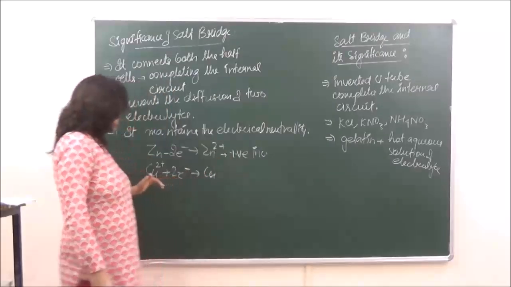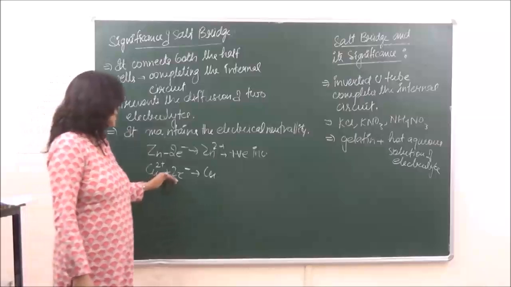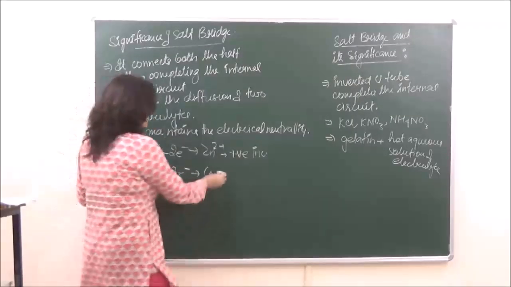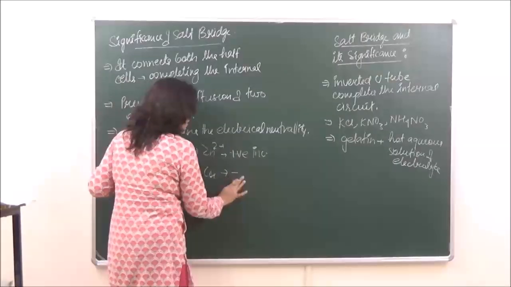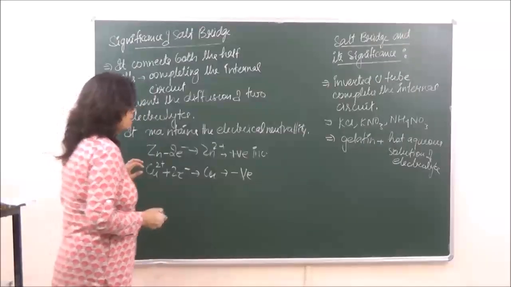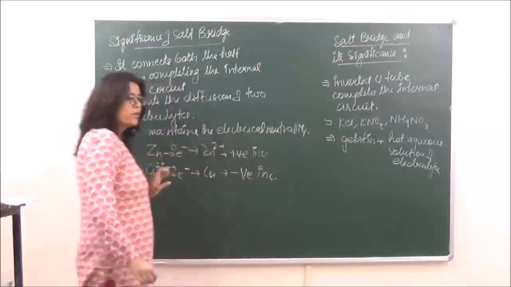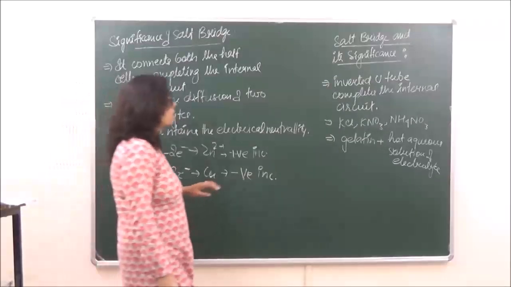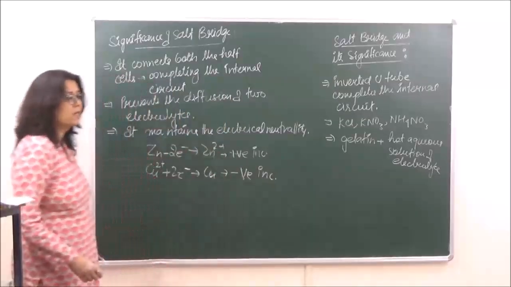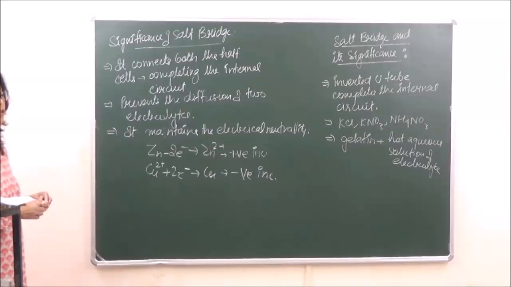In a similar manner, over here, Cu2+ from the copper sulfate solution is gaining 2 electrons to give us Cu. Now over here, the negative charge in the solution increases, thereby the positive charge from the salt bridge again transfers through the arm of the U-tube and makes the reduction half cell neutral.